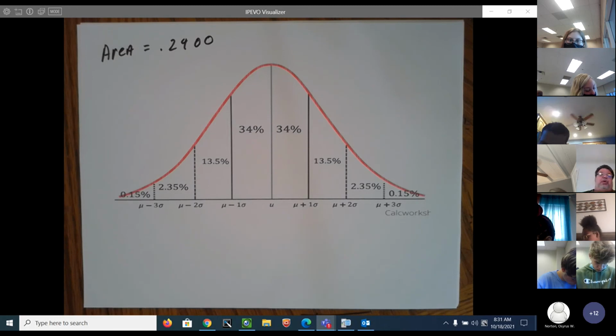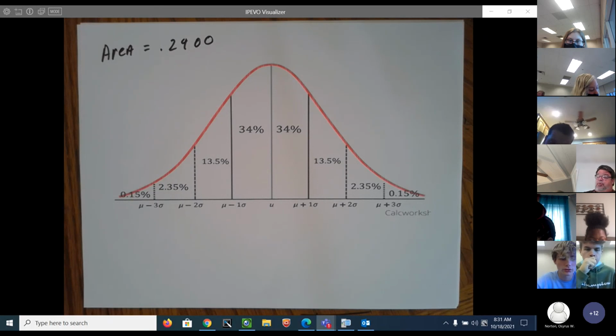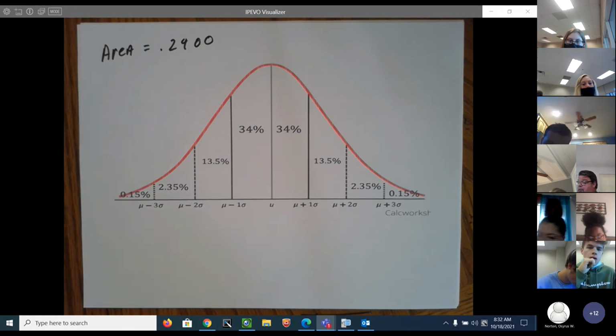So somebody tell me where they think 0.29 would be. That means I want somebody to speak. Where would 0.29 be? A little to the right of the line that has mu minus 1 standard deviation.